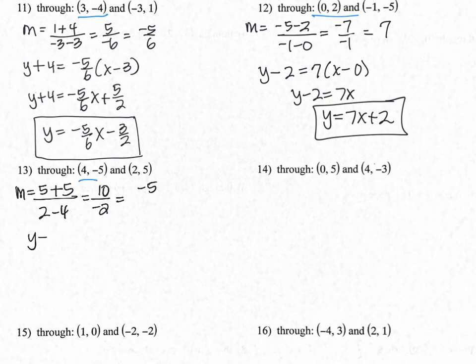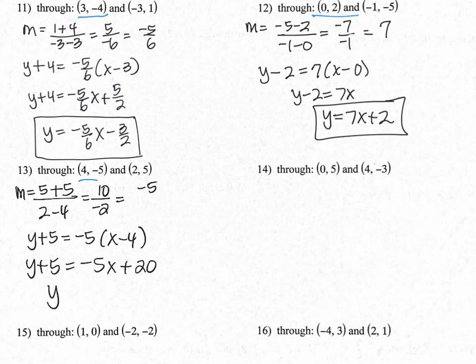So y minus a negative 5 equals negative 5 times x minus 4. So y plus 5 is equal to negative 5x plus 20. Subtract my 5, and I get y equals negative 5x plus 15.